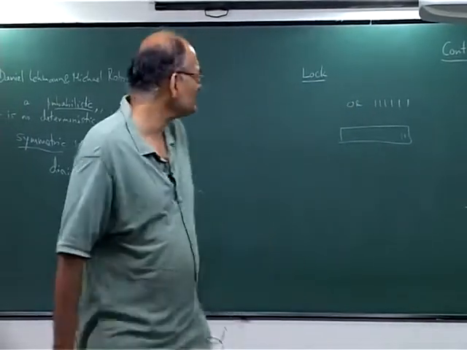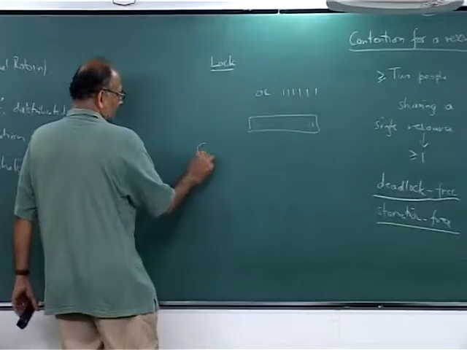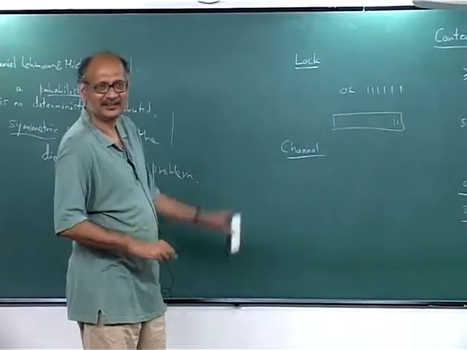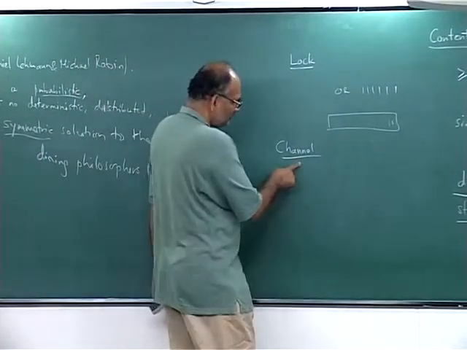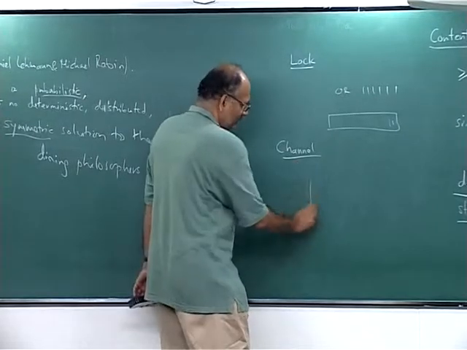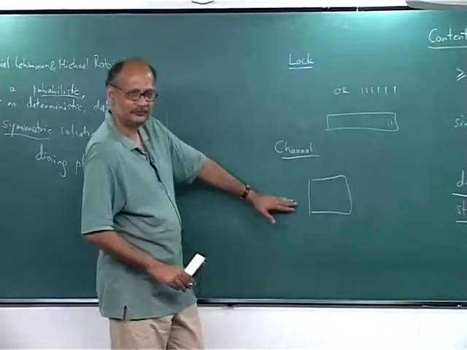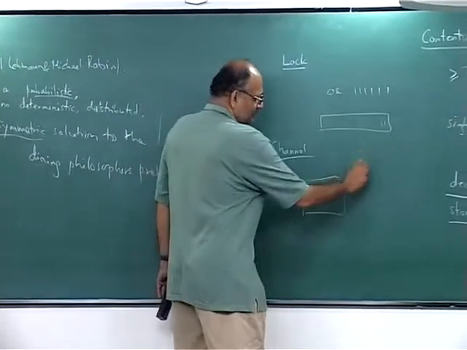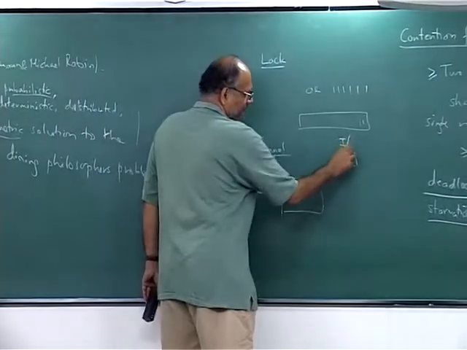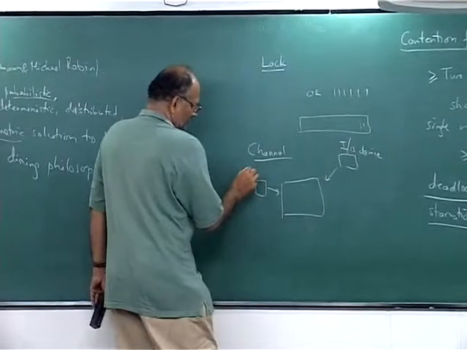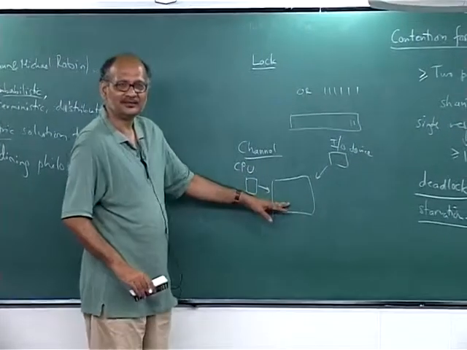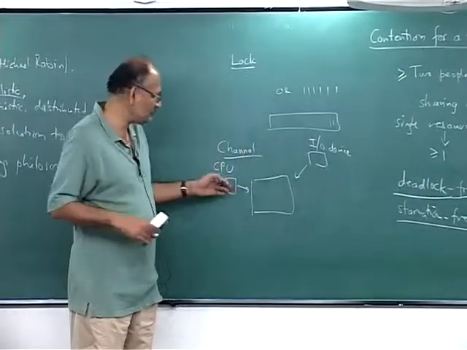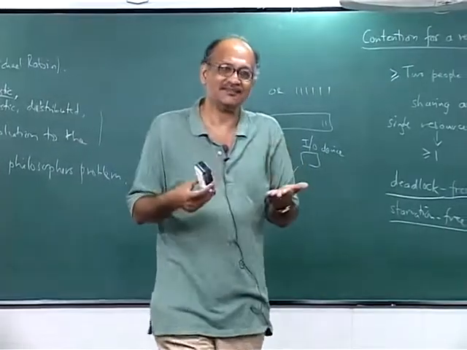Because in the 1960s there is a device called a channel which was invented at that time, and what this channel does is, if you have your main memory and a CPU which is accessing the main memory, and you have some IO device trying to access the main memory, then this channel allows the IO device to take data from the memory. So both the CPU and the IO device can have access to that word.